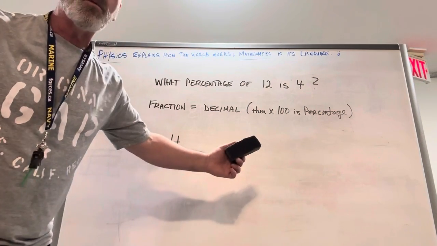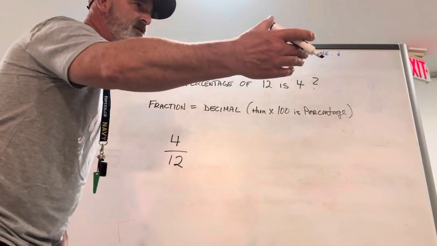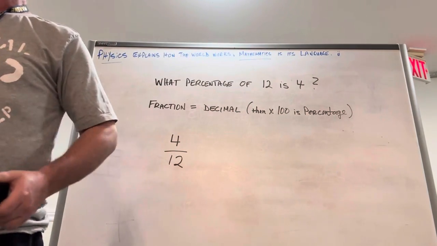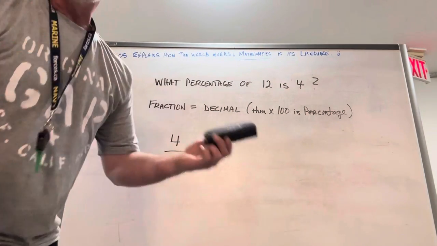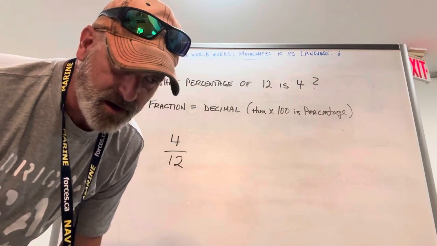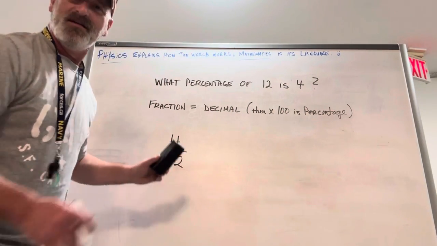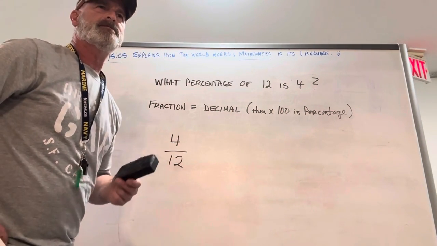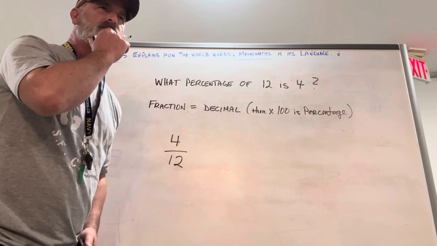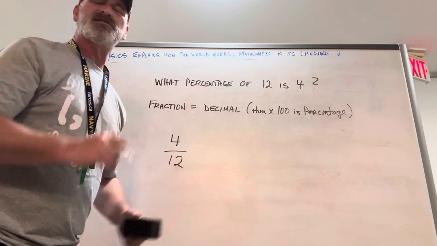Well, you need to know how many were in the whole classroom and then how many females you have. What percent of the sky is blue today? Well, that's a little bit harder, right? But what percent of the group of 12 is 4?